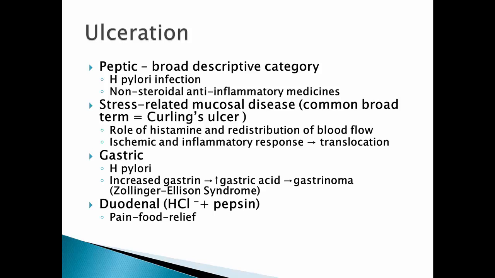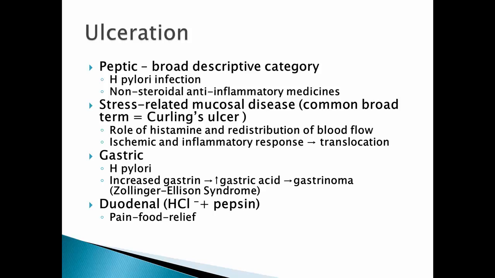Non-steroidal anti-inflammatory medicines work primarily by decreasing the synthesis of prostaglandins. With the decrease of the prostaglandins, what happens in the GI tract is that it results in a decrease in the secretion of bicarbonate and an increase in the secretion of hydrochloric acid.